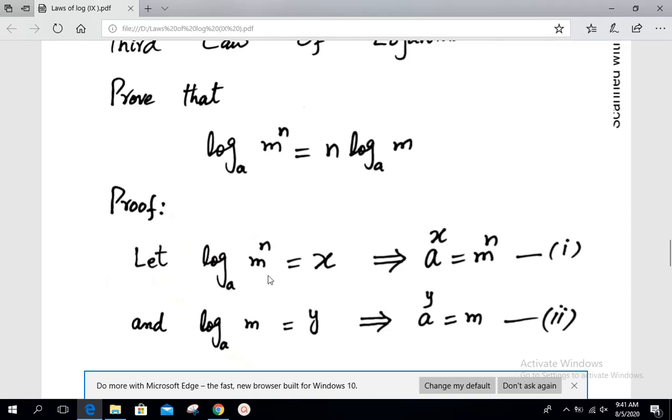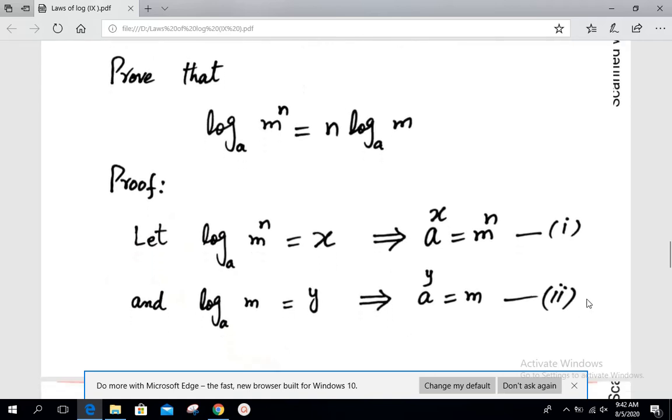Same definition, we converted logarithmic form into exponential form and gave it our equation number 1. And you need to remember that on the right hand side, except n, you have to suppose log of m base a is equal to y, which implies a power y is equal to m. This is my equation number 2.